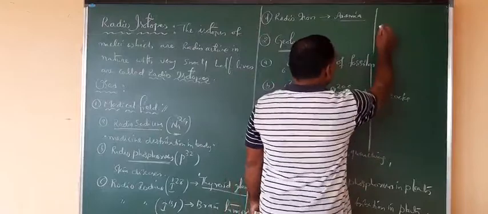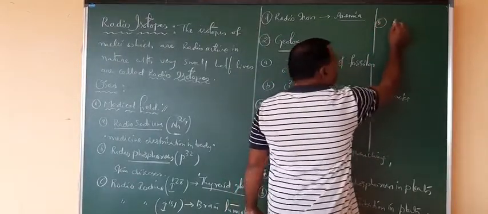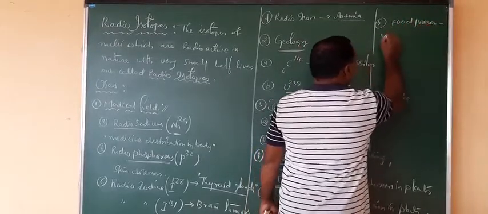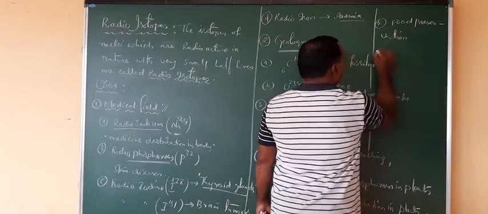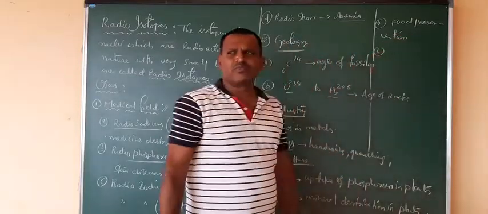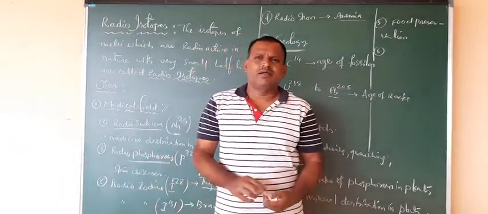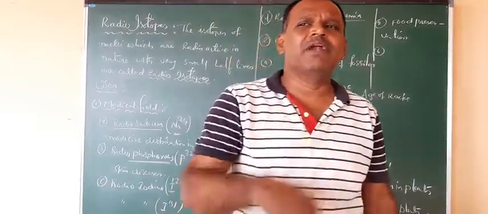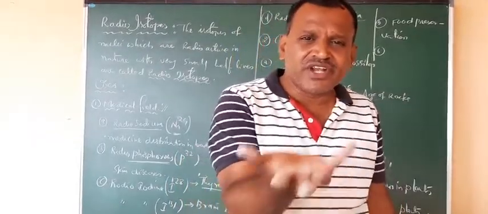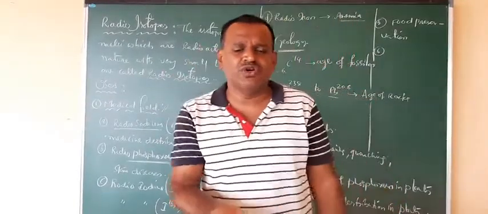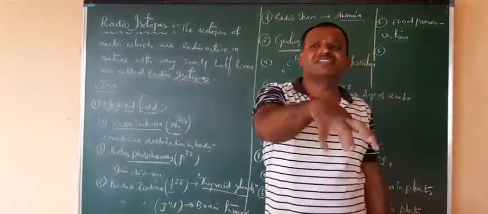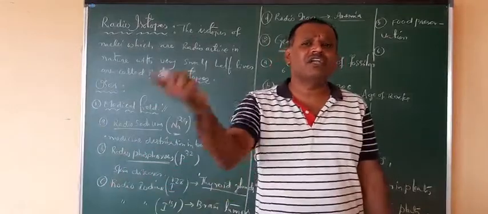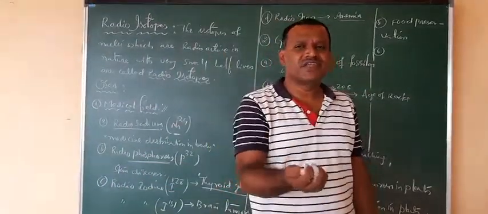Right. So I can write it as the fifth one: radioisotopes are also used in food preservation. And the sixth one. We can also make plant mutations, and we will get new hybrid plants. By irradiation, the radiation coming from the radioisotopes is allowed to fall on the seeds of the given plant so that the seeds get mutated.